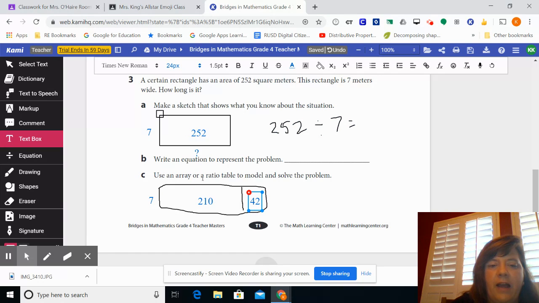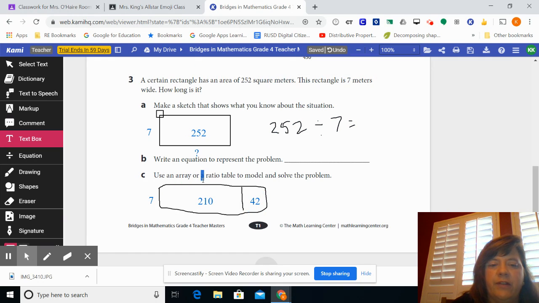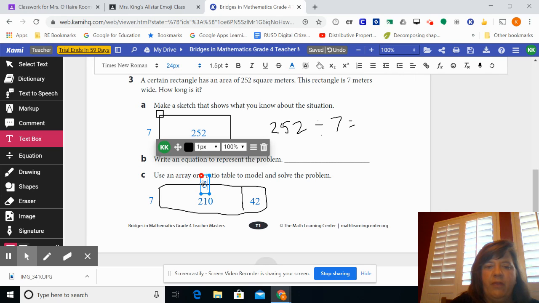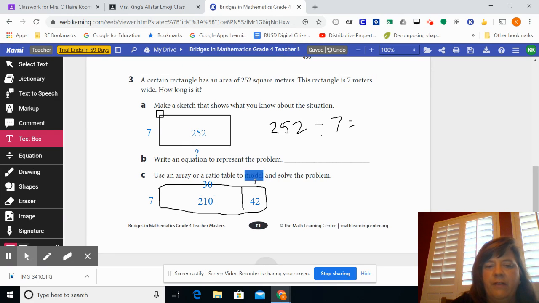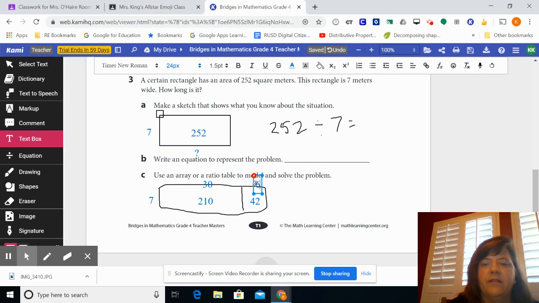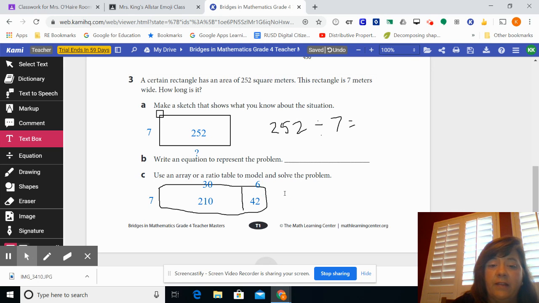So 7 times what is 210? That would be 30. And then 7 times what is 42? That would be 6. Okay, so then when I add 210 and 42 together, I know that's 252. So when I look at this, what is my missing number?